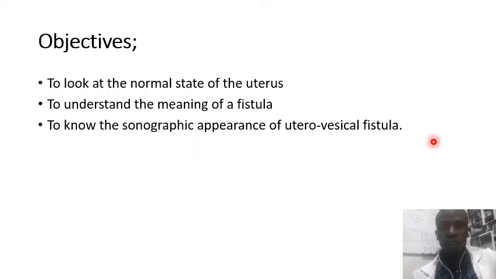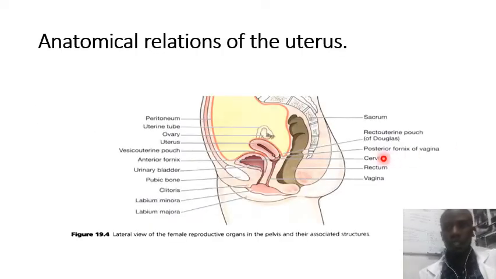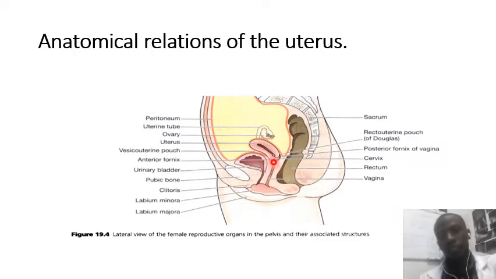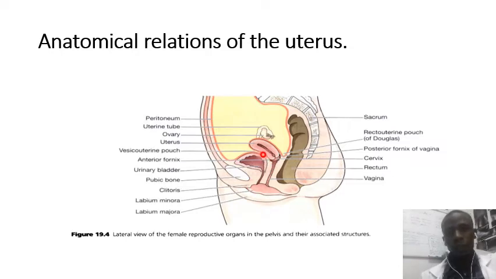Okay, so first of all, before we even look at fistula, let us first know the anatomical relations of the uterus. So the uterus is a pear-shaped female reproductive organ, which is exactly this one which I'm pointing at.